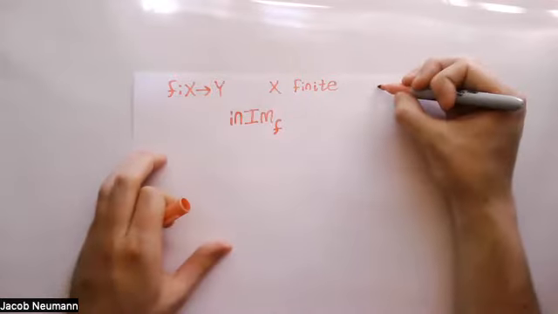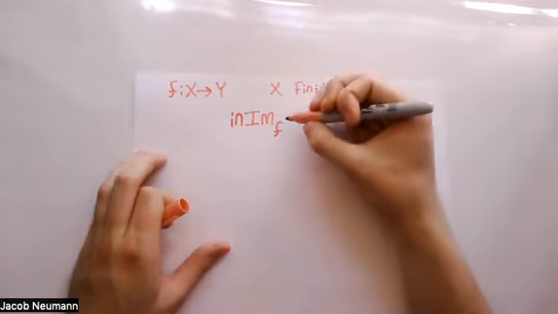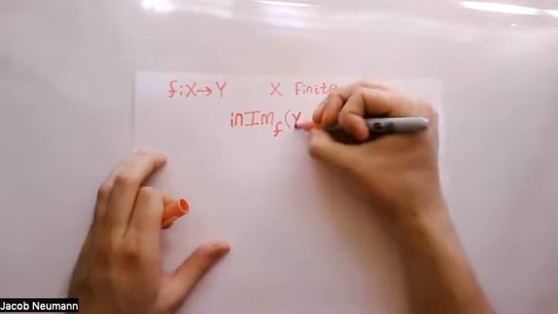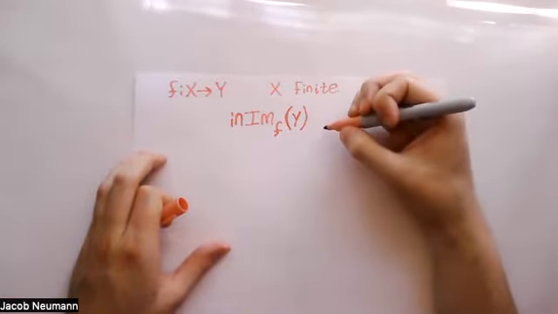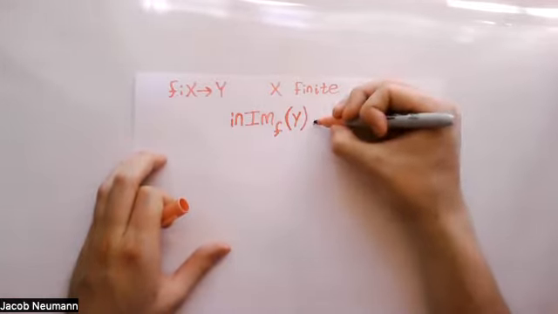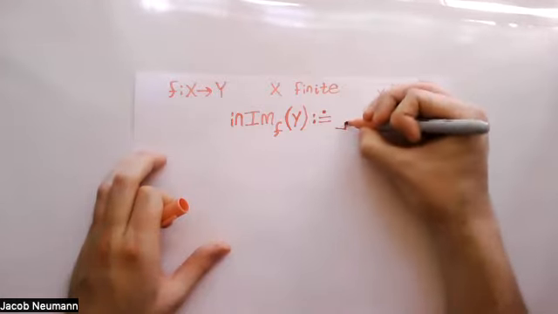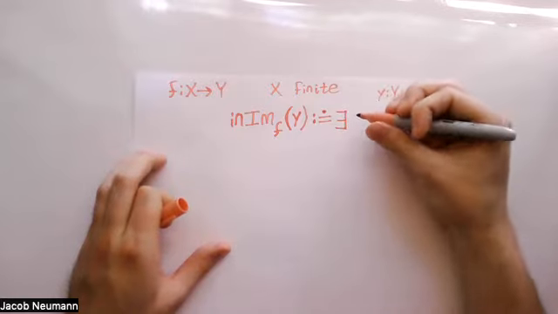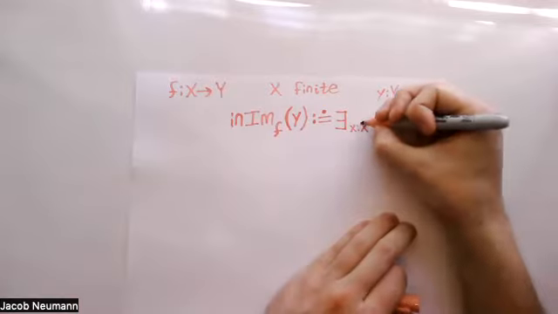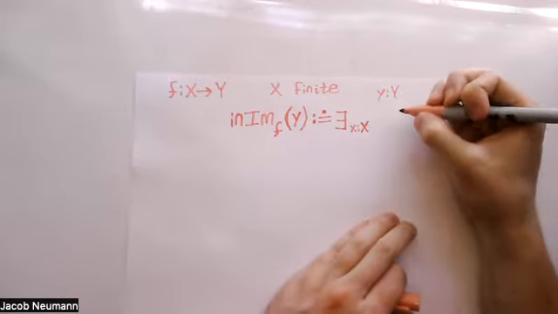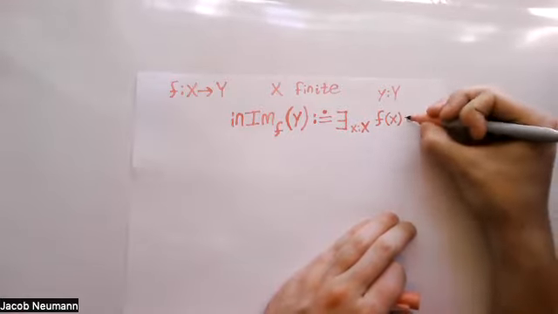If little y is a term of type big Y, then we can take the inverse image, the pre-image of little y, and that is defined, as a definitional equality, as there exists an x in X such that x maps to f of x.